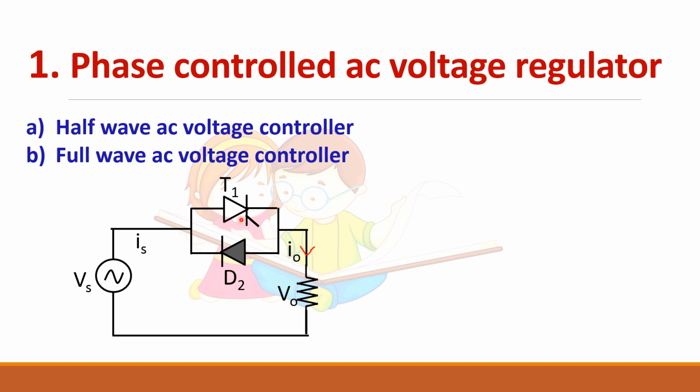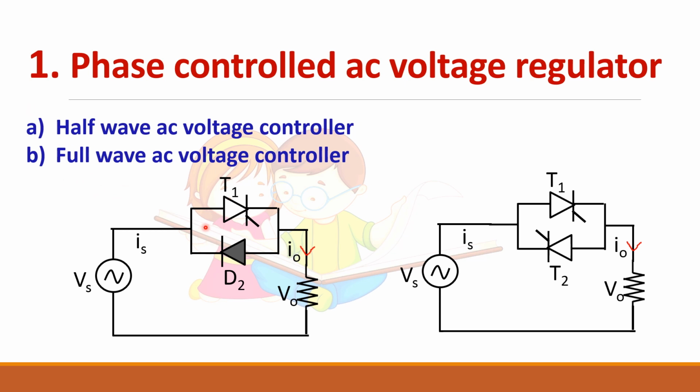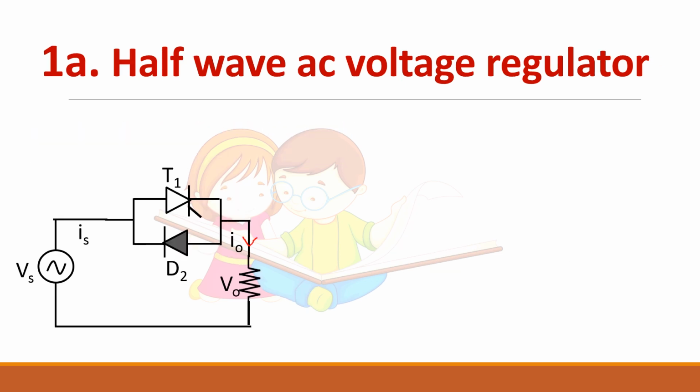So in this case, you can control only the positive half, while the negative half is not under our control. In the full wave AC voltage regulator circuit, two thyristors are connected in anti-parallel. That is the difference. Let us see the operation one by one.